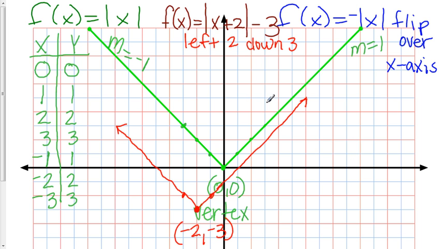So now, we still would have a vertex at 0, 0, but now this side would flip over the x-axis, so instead of having a slope of 1, it would become a negative 1. And would run like so.